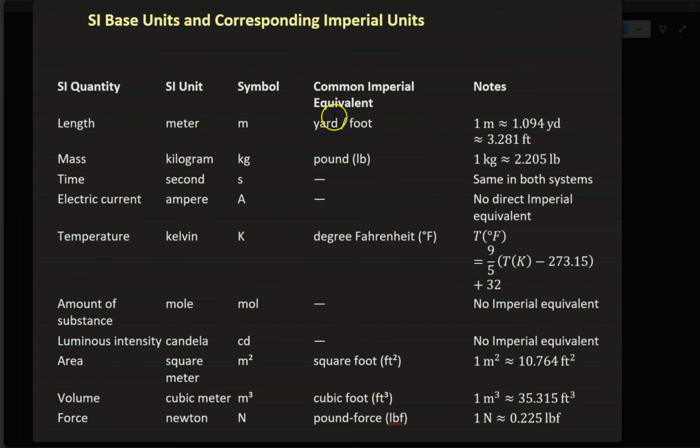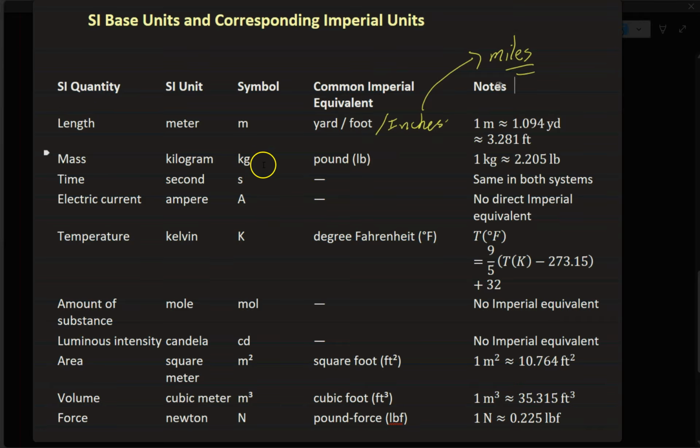And here's the thing about the imperial units: there are many forms. For example, it does say here yard and foot, but you could also include inches, or actually miles. There are so many different kinds.